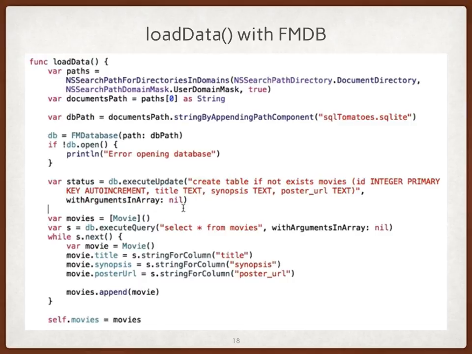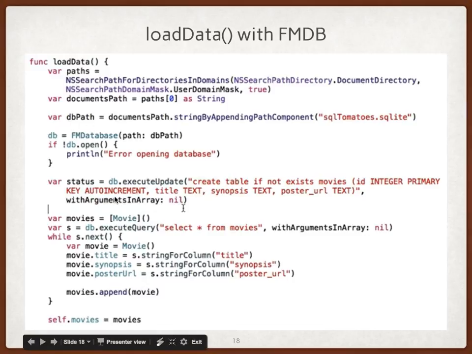Rotten Tomato is another movie database we used earlier, but later we changed to the movie database API. So in this case, we're still using the name Rotten Tomato, but it's just a name for the database. So we get the name for the SQLite database, and then we save that into this. This is the path for the database file.